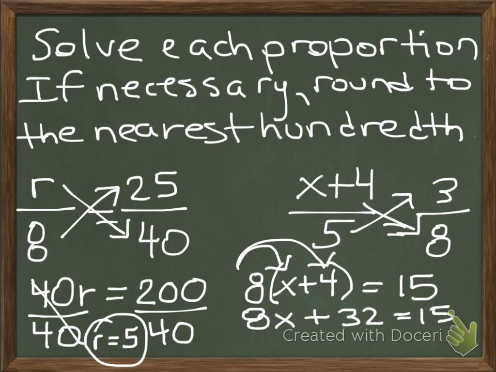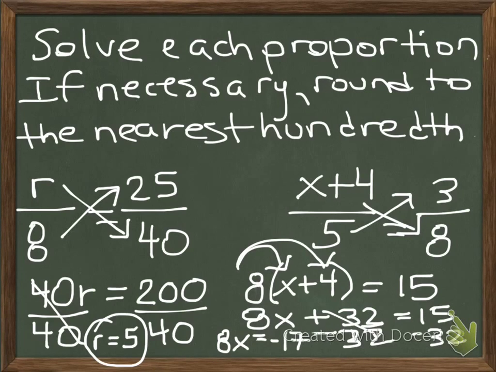And now I'm solving for x, so this is a two-step equation. I'm going to subtract 32, and I get 15 minus 32, which gives me negative 17. And I have 8x equals negative 17.